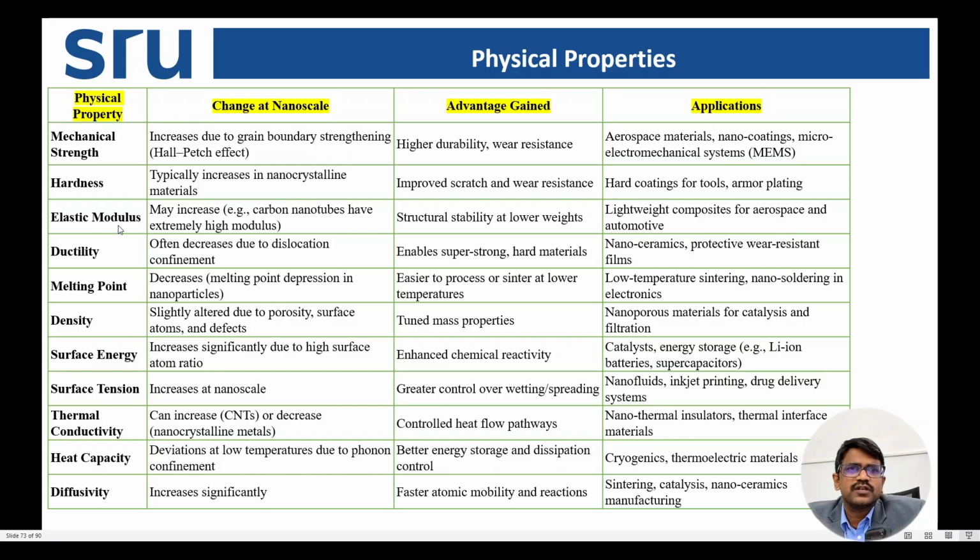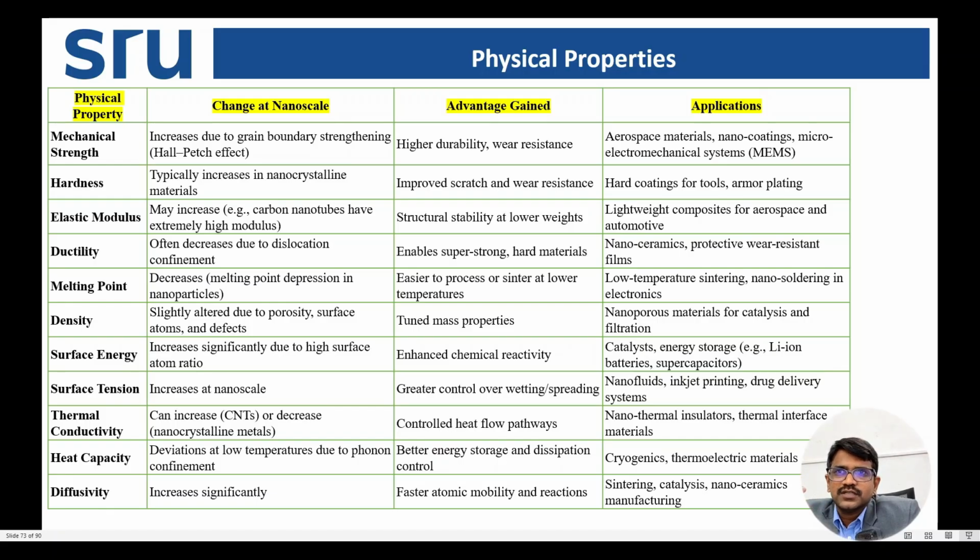Elastic modulus may increase. For example, carbon nanotubes have extremely high modulus, so it gives more toughness. So we get structural ability at lower weights. For example, it is lightweight, yet it provides very good strength.